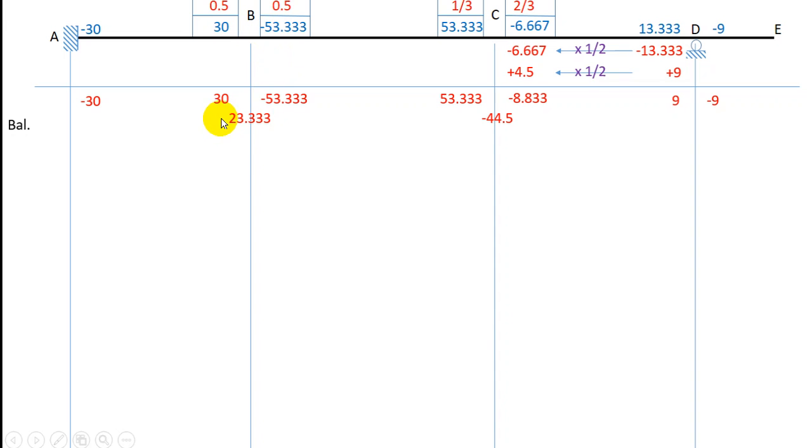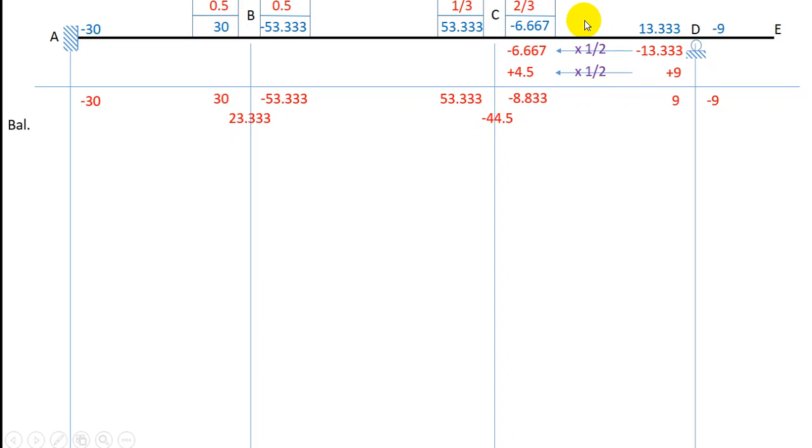So the balancing step basically means writing these moments. Again here, 53.333 minus 8.333 will give me plus 44.5, and to balance that, my beam will provide an anti-clockwise moment of minus 44.5. So this is my balancing concept. In the first iteration we have done balancing.